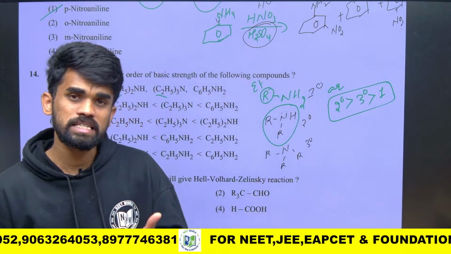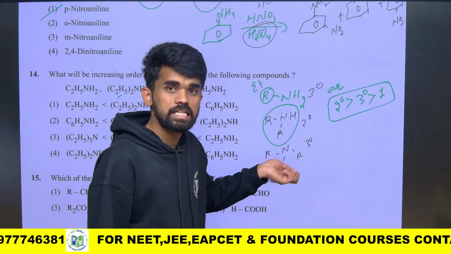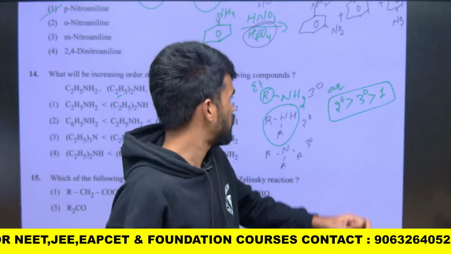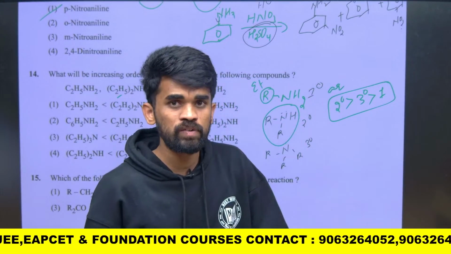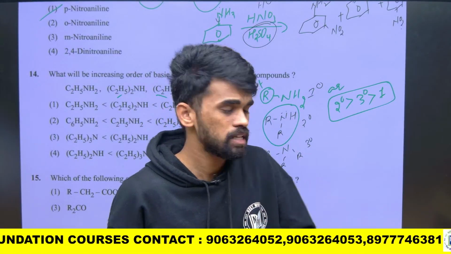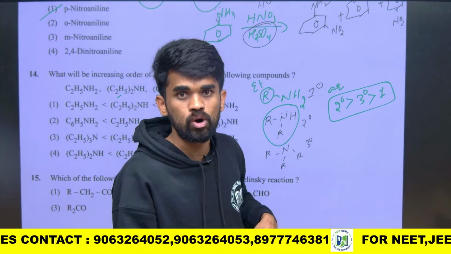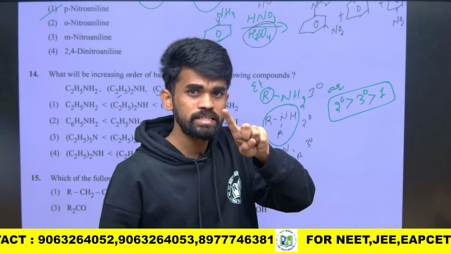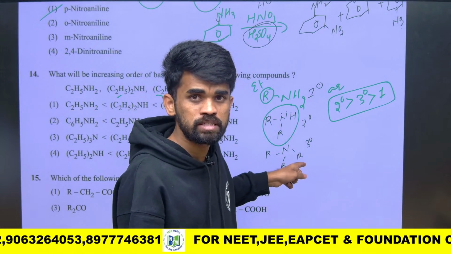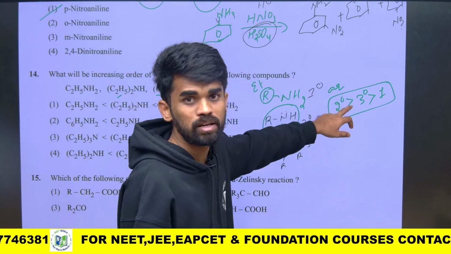So the basic nature of amines depends upon electron releasing groups. The more the number of electron releasing groups, the more the basic nature. And one more factor is hydrogen bonding. When we are taking aqueous medium, after accepting the proton, that base will have hydrogens attached to the nitrogen of the amine, so that will be stabilized by hydrogen bonding. So what are the two factors? One is plus I groups, the more the plus I groups, the more the basic nature of the amine, and the next is hydrogen bonding in the aqueous medium, the solvent effect.